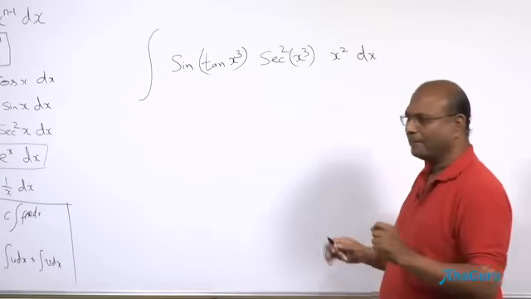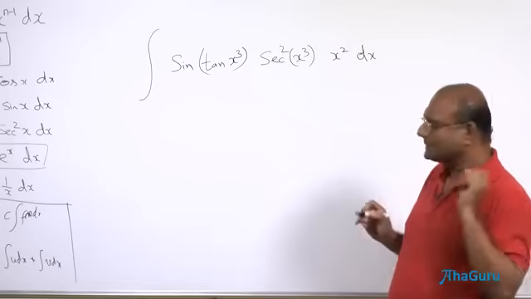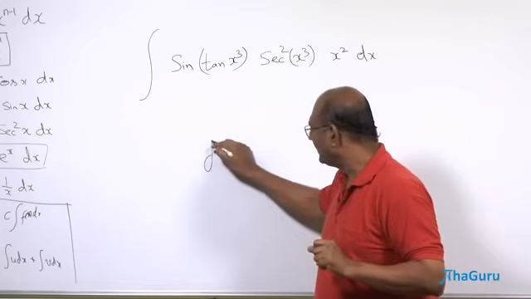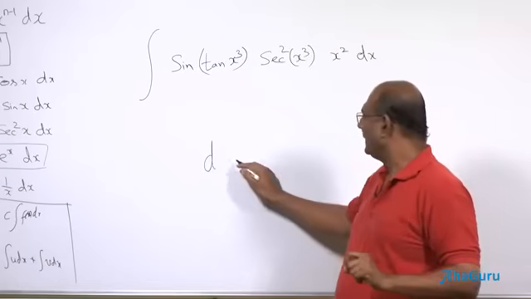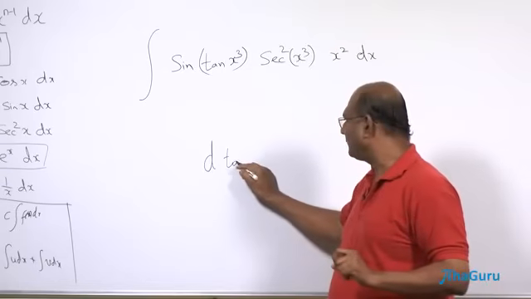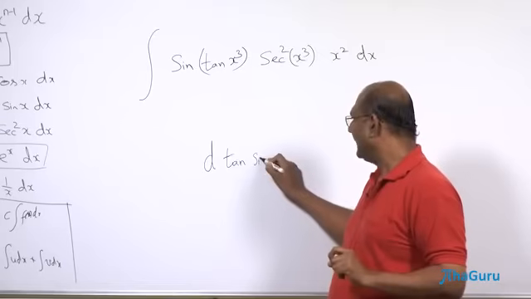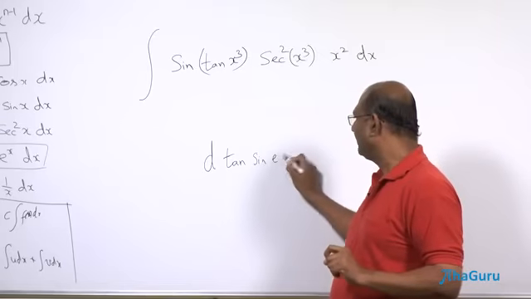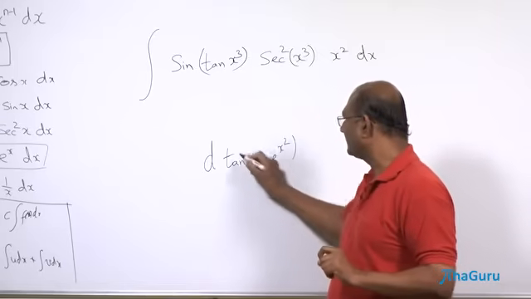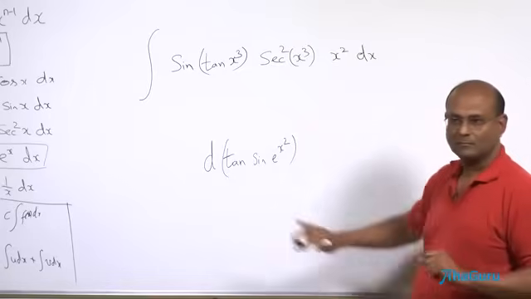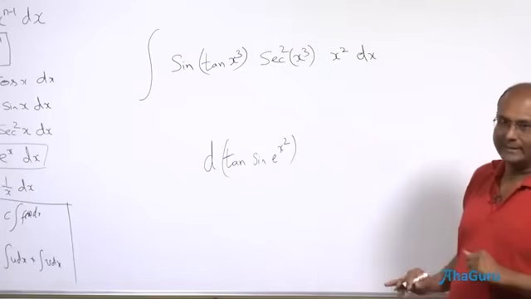Let us think. But before we get there, let us think about if I wanted you to differentiate tan of sine of e power x square. What do we do when we do things like this?